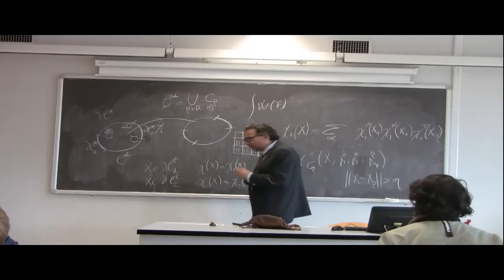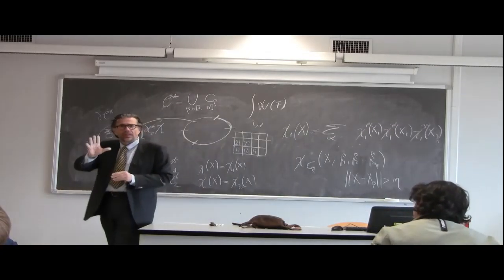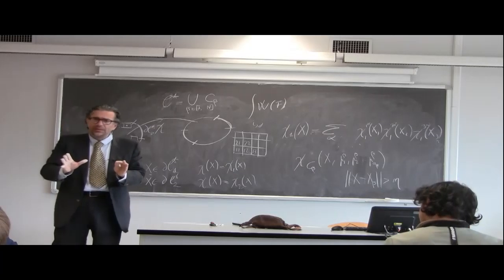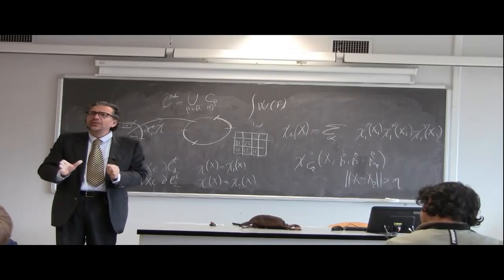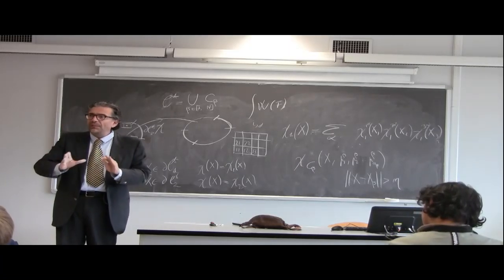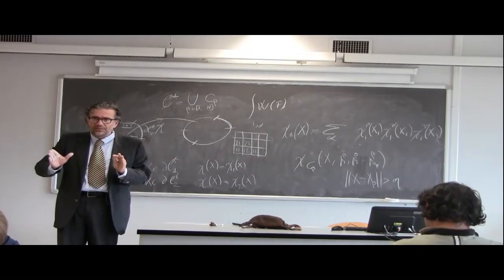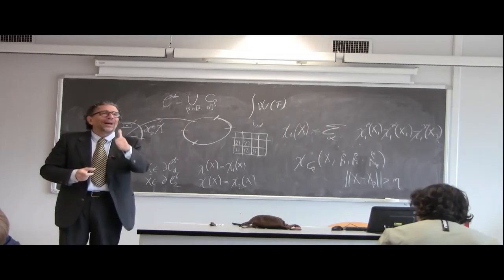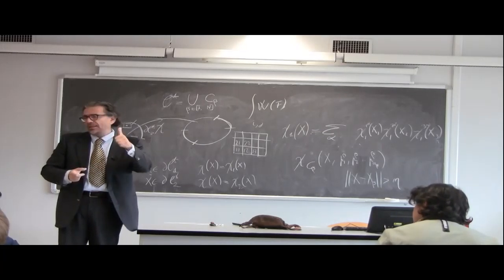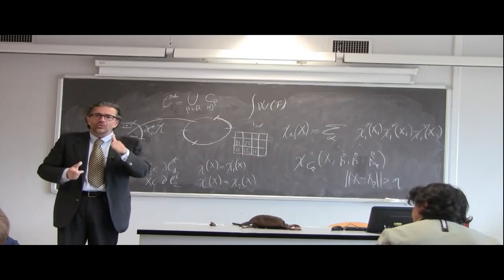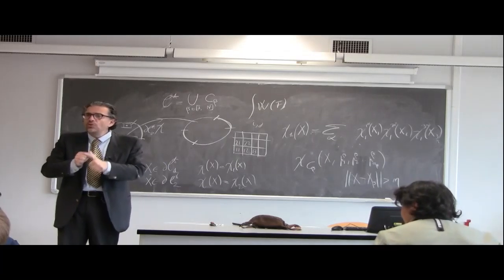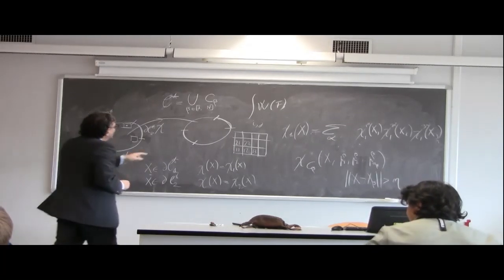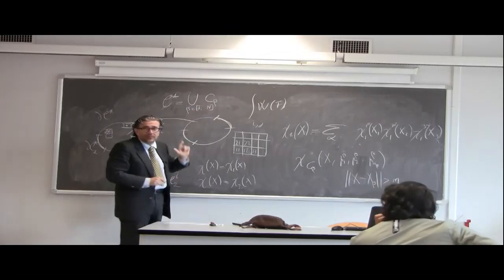Okay, so what we are doing? Think slowly, there is nothing difficult. I'm not giving you details, I'm giving you the general ideas. What we are doing? We are first partitioning C star, representing C star as union of some fundamental subsets.